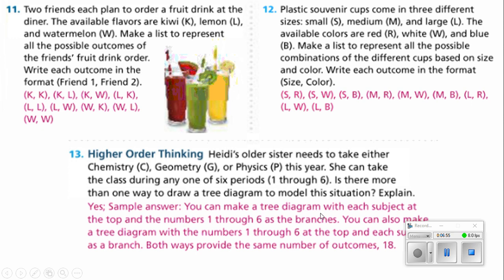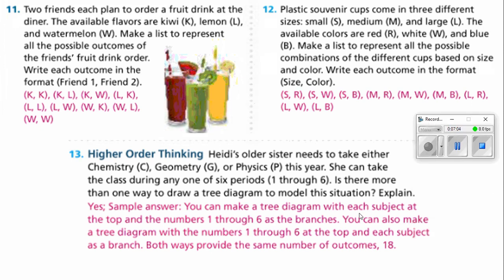You can make a tree diagram with each subject at the top and the numbers 1 through 6 as the branches, which would represent the period. Or you can make the tree diagram with the numbers 1 through 6 at the top and each subject as a branch. Both ways provide the same number of outcomes, which would be 18. 6 times 3 is 18.